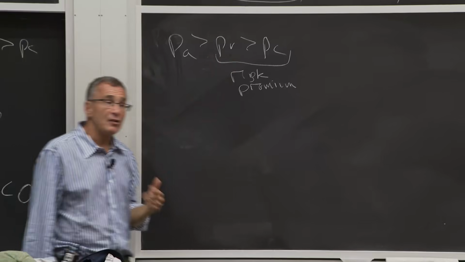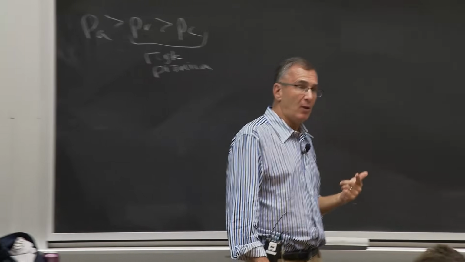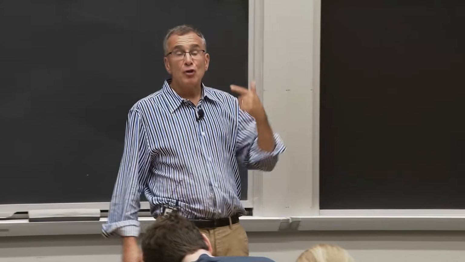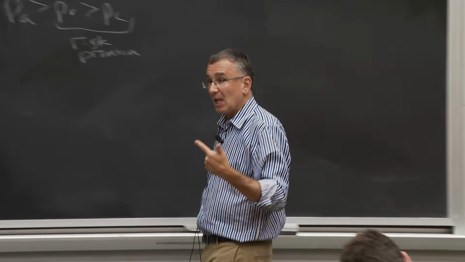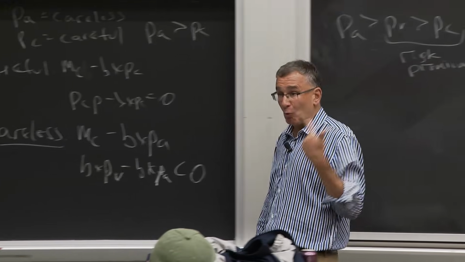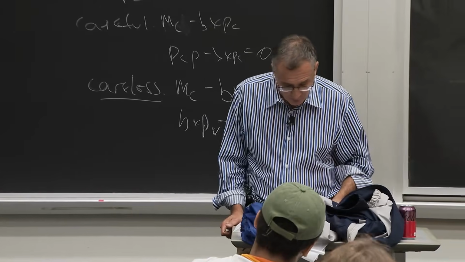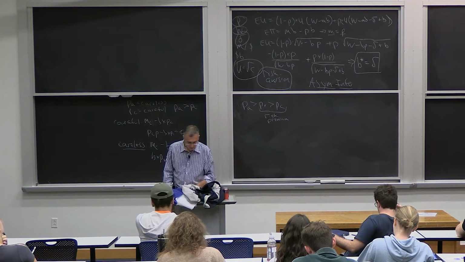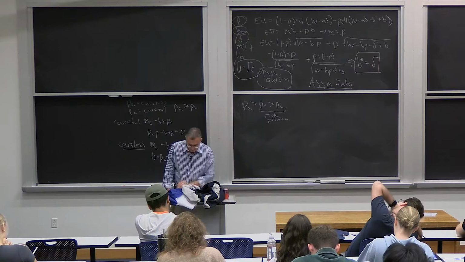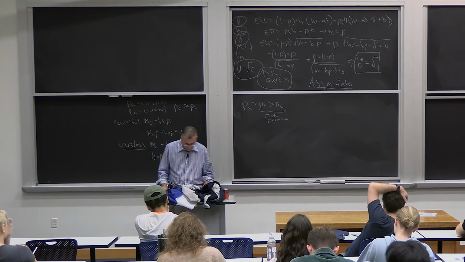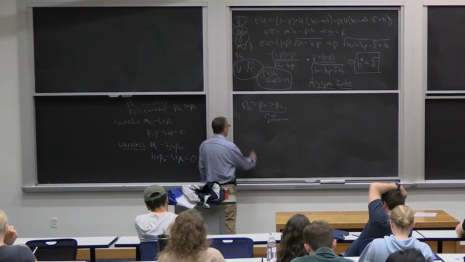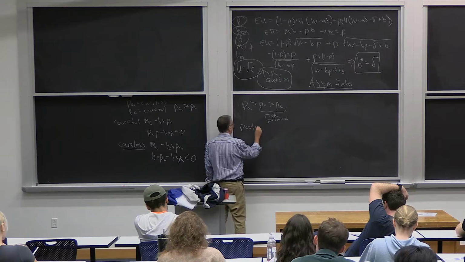So the bottom line is the market can fail if you don't have perfect information. If you don't have perfect information, you assume honesty, the market will fail. If you don't have perfect information, you use an average price, the market may fail. Whether it fails or not depends on whether we end up in what we call a pooling equilibrium.